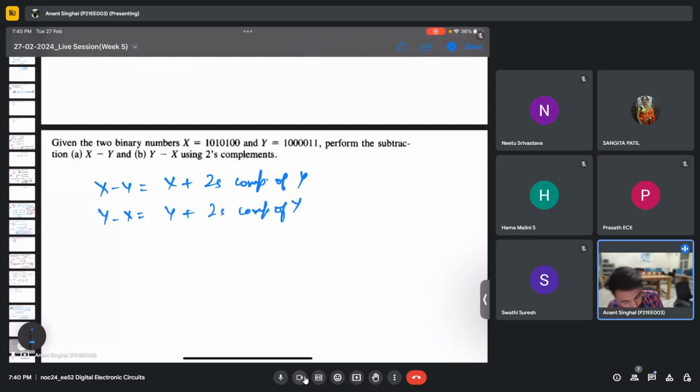You can note it as a homework problem for next week. Please note the question, the values of x and y. If noted, please type in the chat box quickly. Have you noted it?